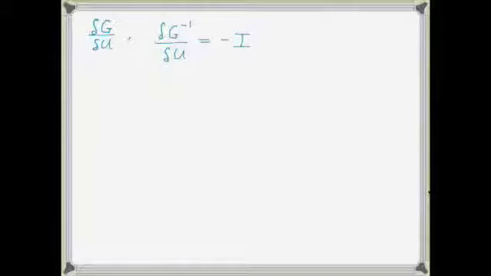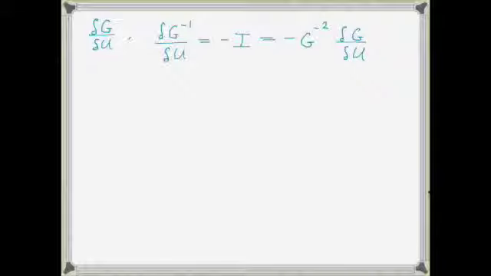And that's got to be equal to just taking the derivative of G inverse, which equals negative G to the -2 times dG/dU, explicitly taking that functional derivative, just the way you'd normally take a derivative.